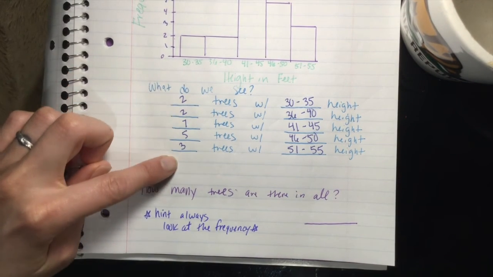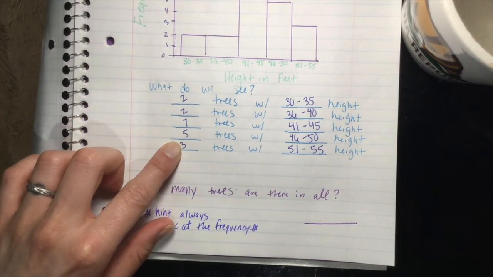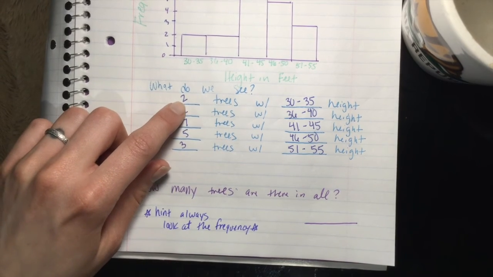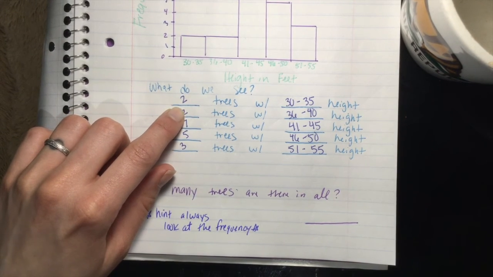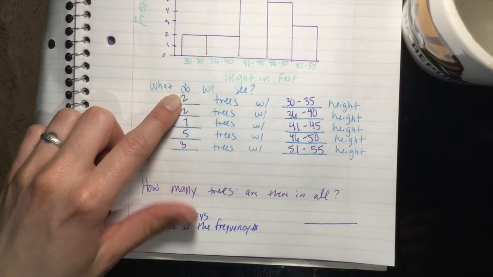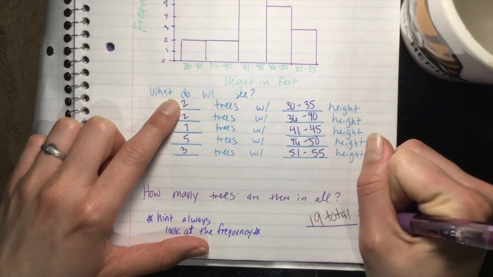The numbers are also displayed right here. So I know 7 plus 3 is 10, 10 plus 5 is 15, 15 plus 2 is 17, 17 plus 2 is 19. So I know that there are 19 total trees.